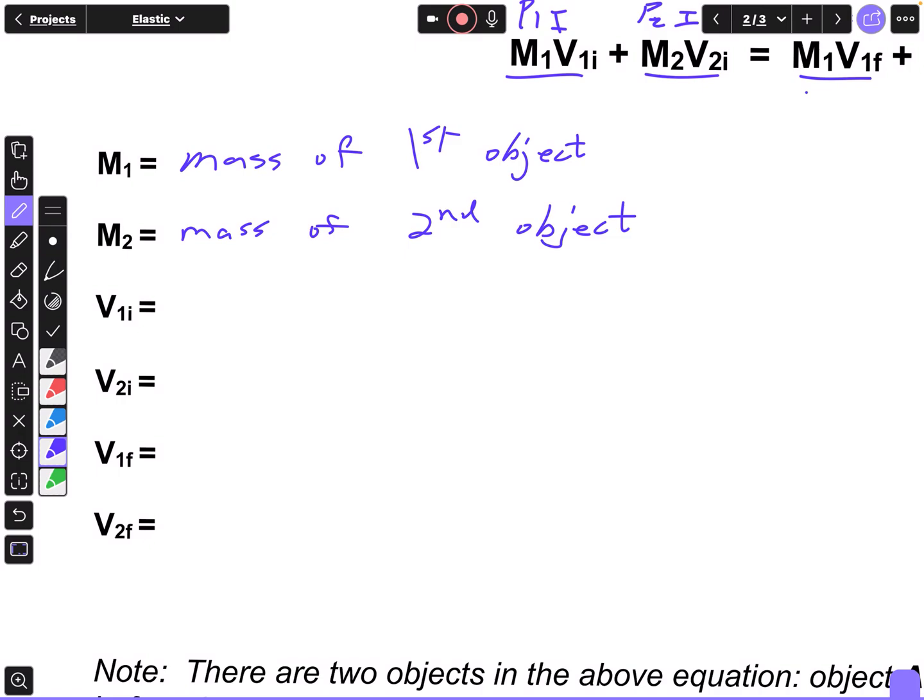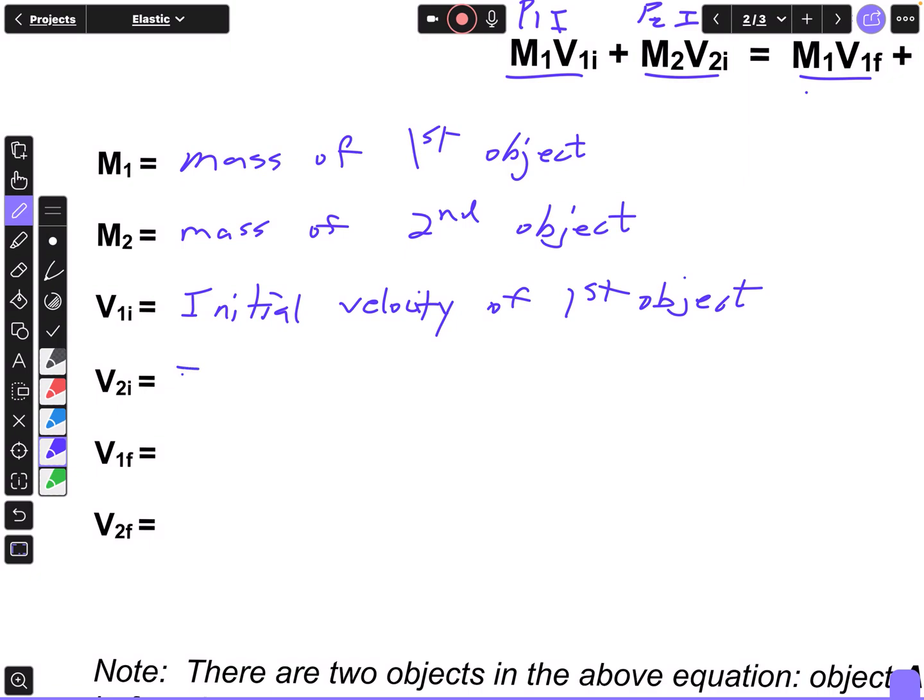V1I is the initial velocity of the first object. Now, if it says that something's at rest, we know that the initial velocity is 0. If something comes to a stop, we know that its final velocity is equal to 0.